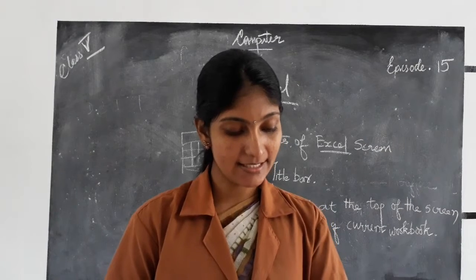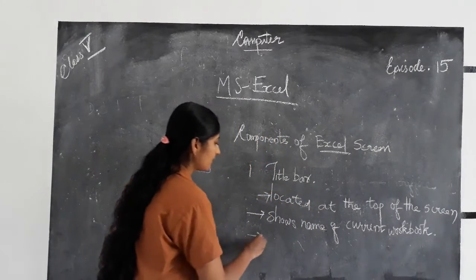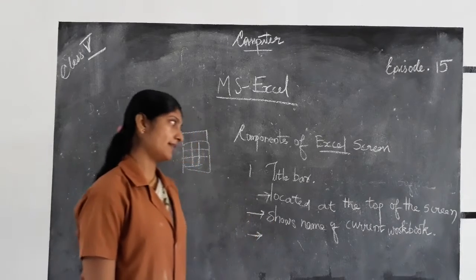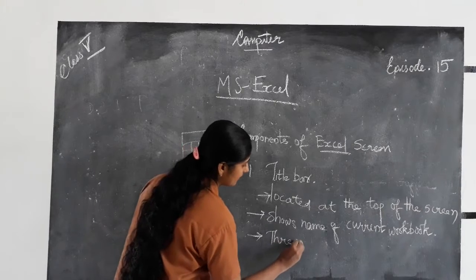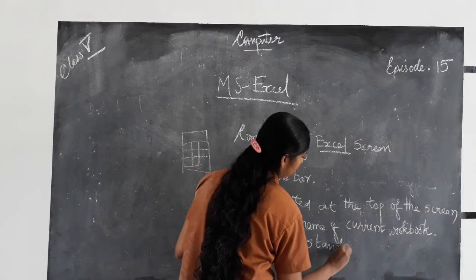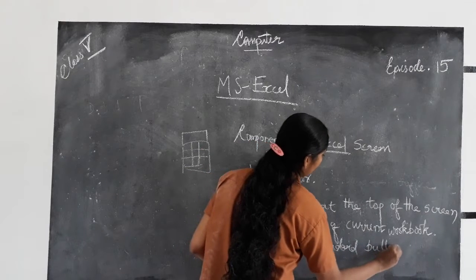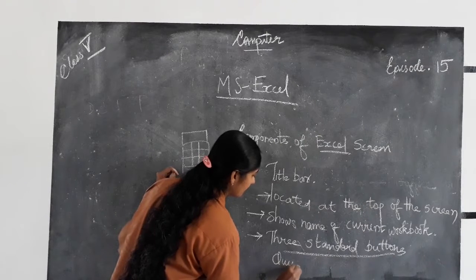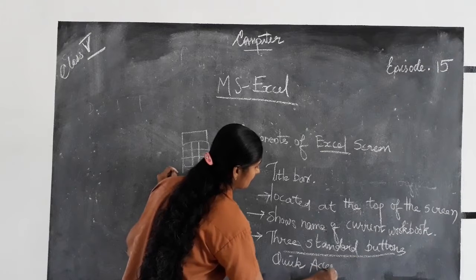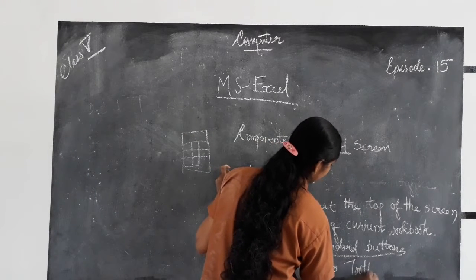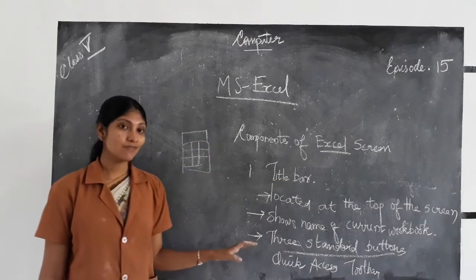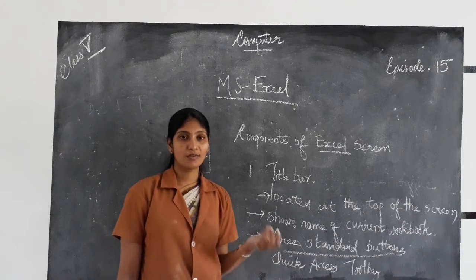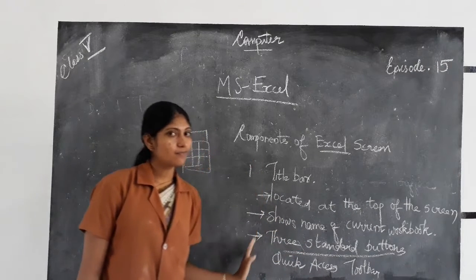This is the quick access toolbar, which contains frequently used commands like the save button, redo and undo buttons. So these are all about the title bar.